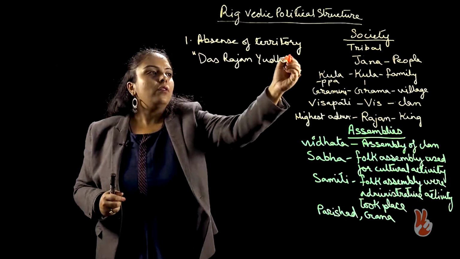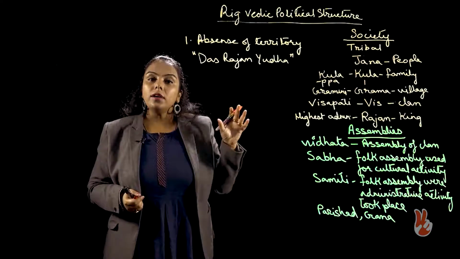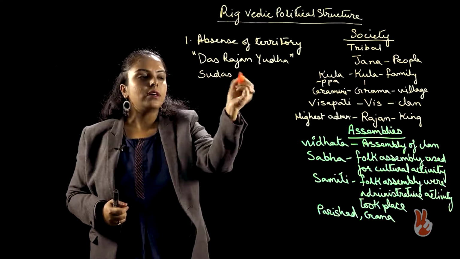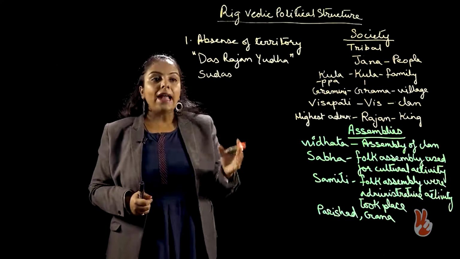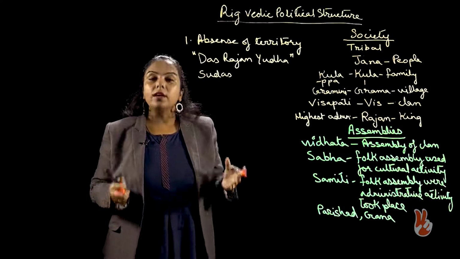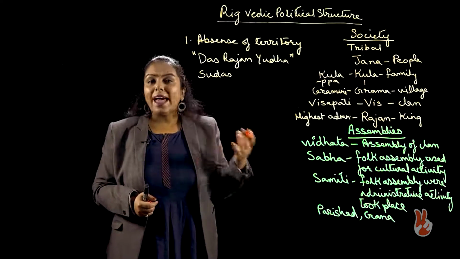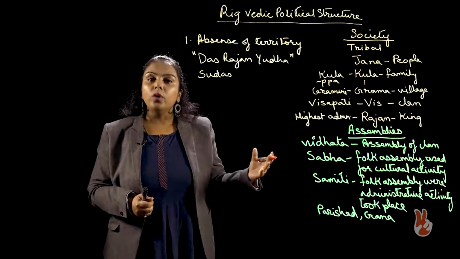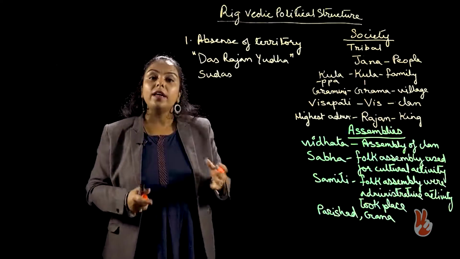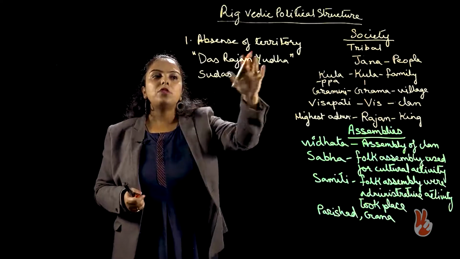This battle was fought by the king Sudas, who was the head of the Bharata clan, and he fought this battle along with ten other tribes of Rig Vedic India. We come to read about many clans of that time like Puru, Kuru and Panchala. These clans are mentioned in this Dasarajan Yuddha, and we come to know that the territory itself was named after the clan. So, absence of territory.